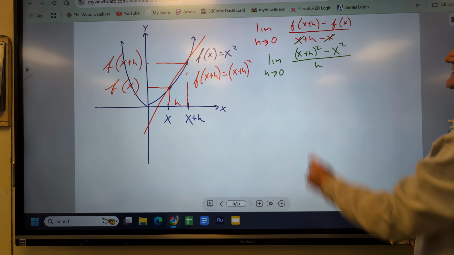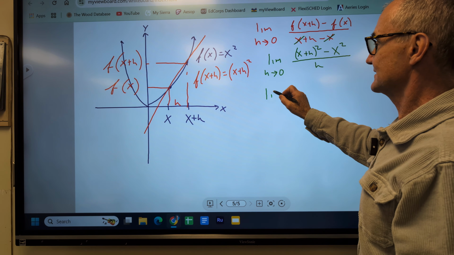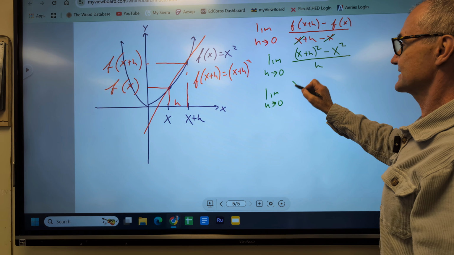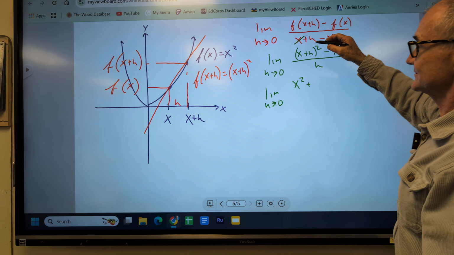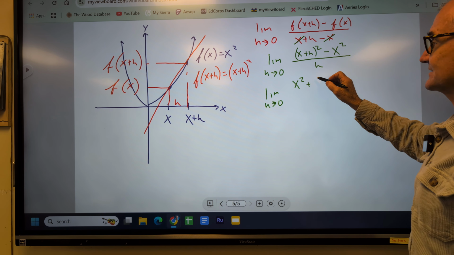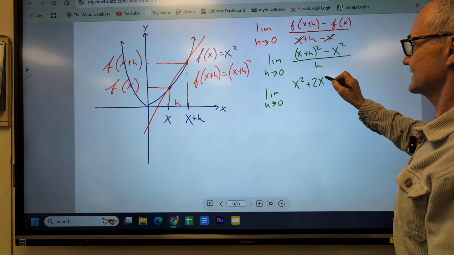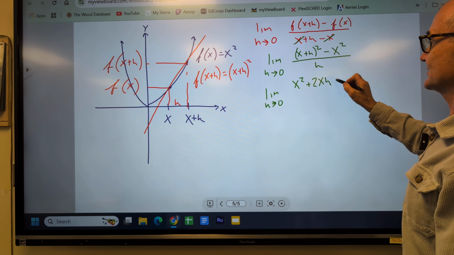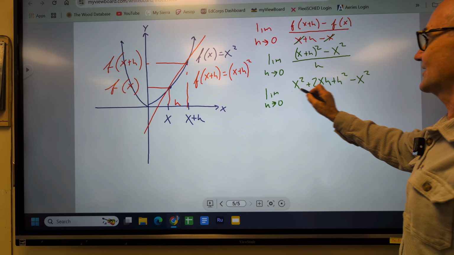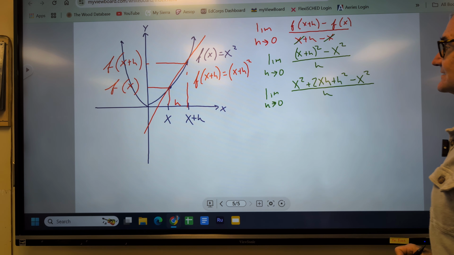I need to expand this out right here. The limit as h approaches 0 of x squared plus, remember I have to FOIL this out, x plus h times x plus h, 2xh plus h squared, minus x squared all over h.